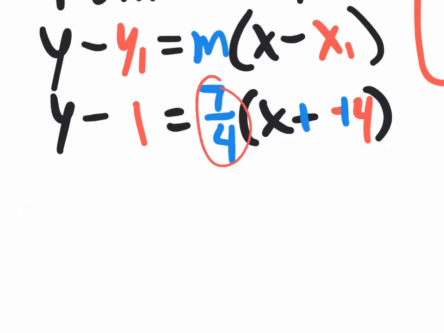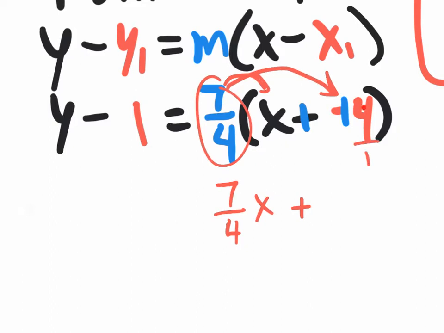So 7/4 times x is 7/4 x. How about 7/4 times positive 4? That's really just going to be a 7, because if you put the 4 as 4/1, then the 4 on top cancels with the 4 on the bottom, so you just have 7/1, which is just 7.